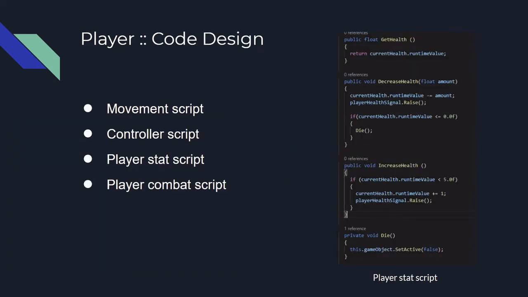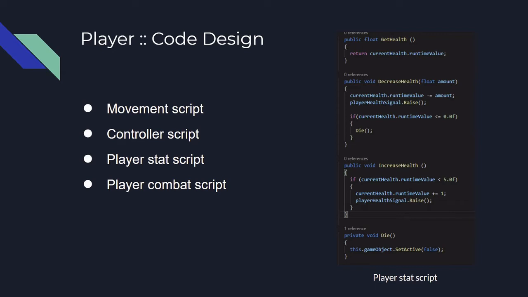And this is the code design for the player. So we have 4 different scripts attached to the player object, and we actually implemented an MVP design pattern with the movement script being the model, the controller script being the presenter, and then our screen being our view.